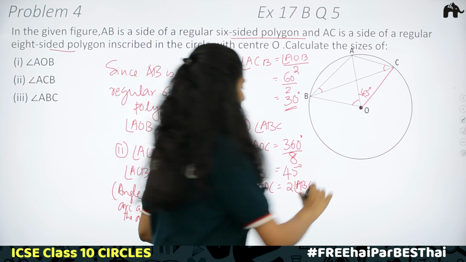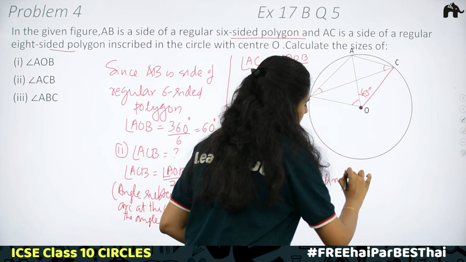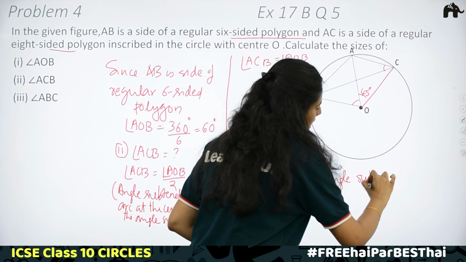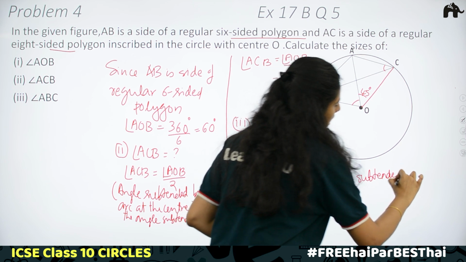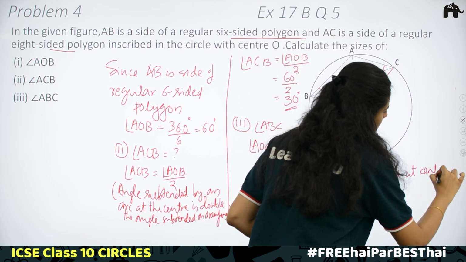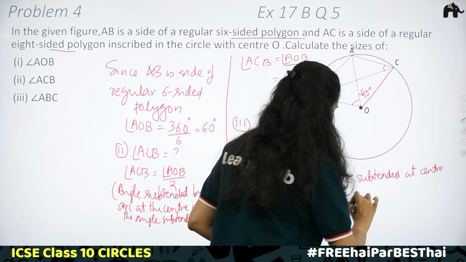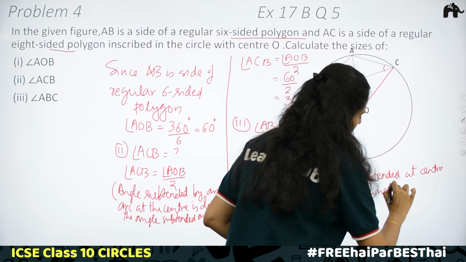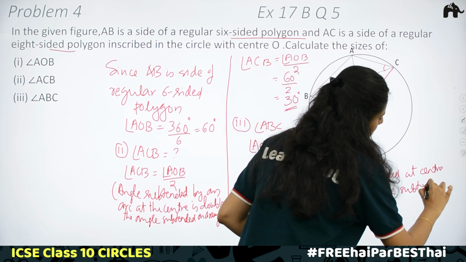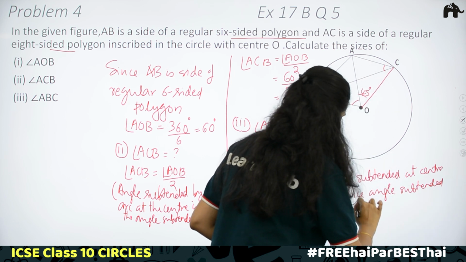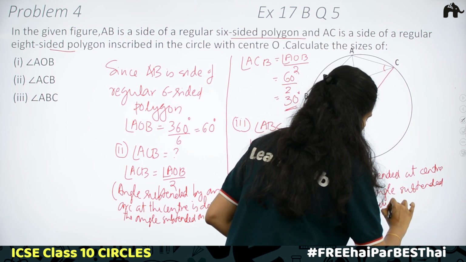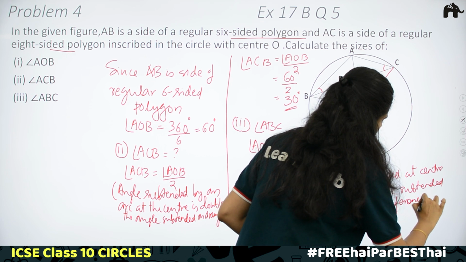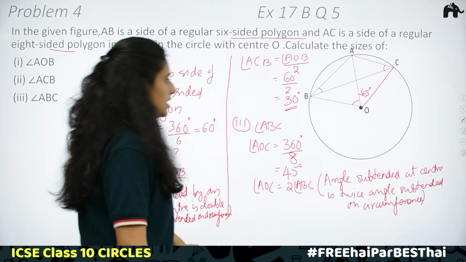Reason? Angle subtended at the center is twice the angle subtended on the circumference.